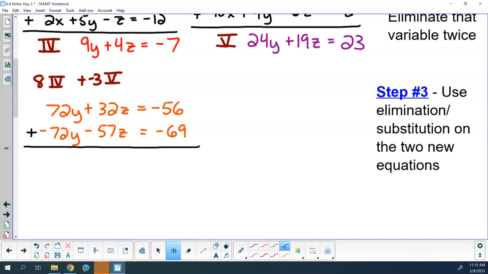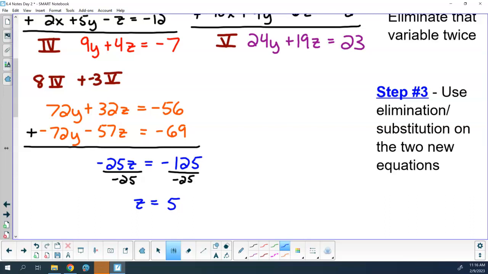Y's go away. What's that? Negative 25? Negative 125? Shouldn't be. I get z is 5. Okay?